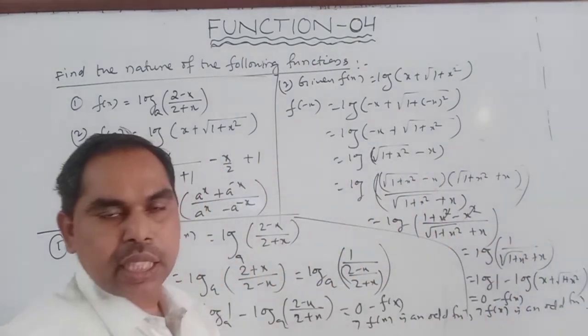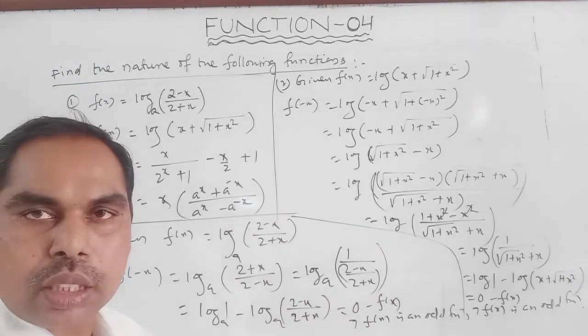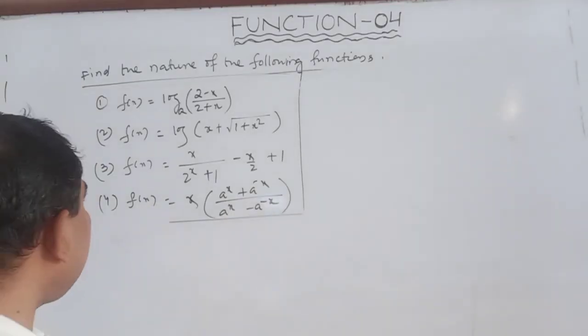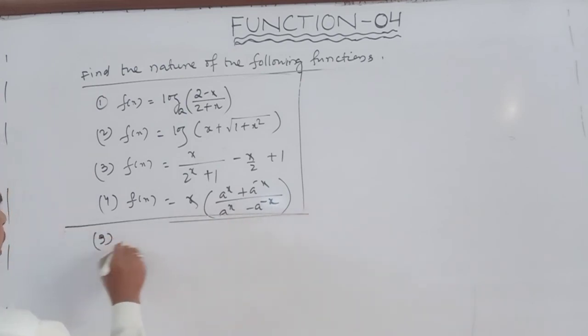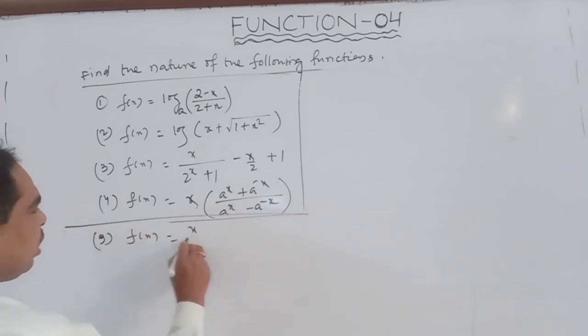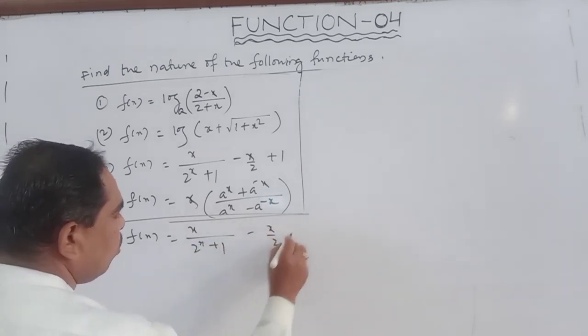f x is an odd function, okay. Next, third one: f of x is equal to x by 2 to x plus 1 minus x by 2 plus 1.